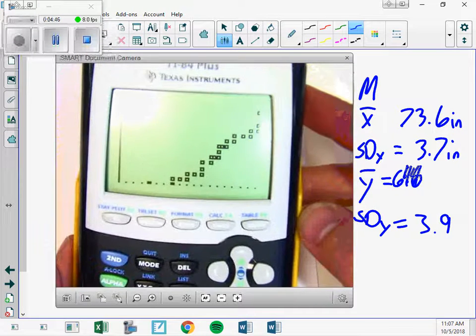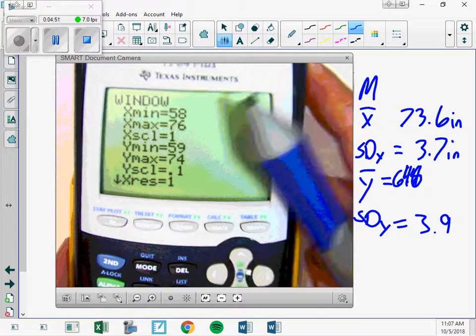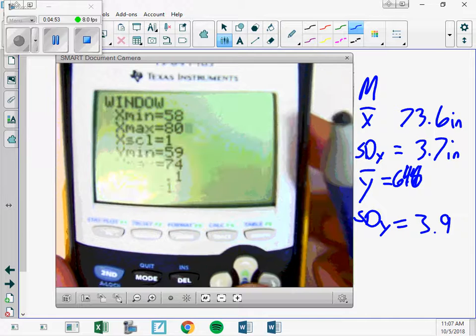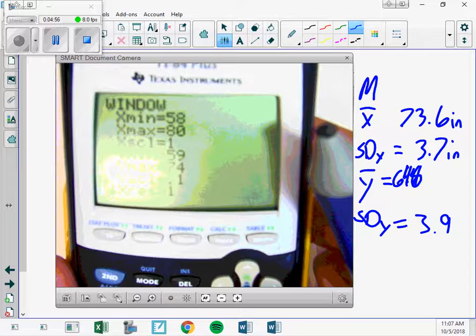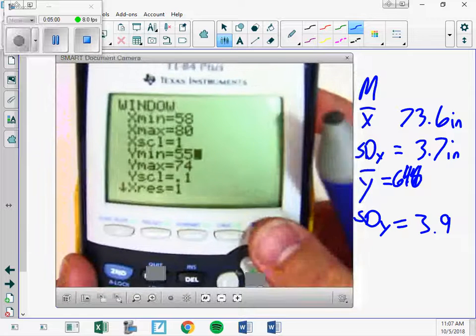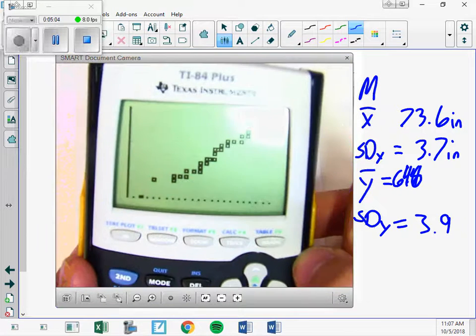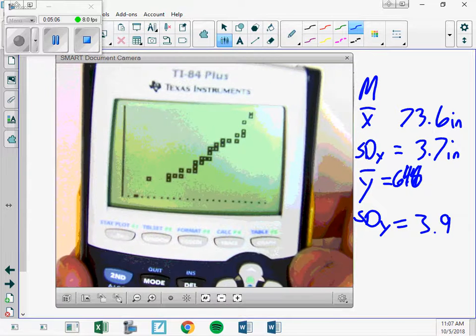So maybe I want to change my Y max or my X maximum a little bit. Let's do 80. And then my Y minimum, maybe I want to do like 55 because I couldn't quite see everything. There we go. Oh, there's a point down there that's pretty messed up.